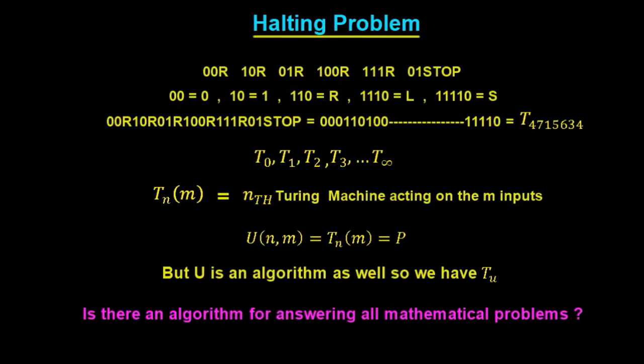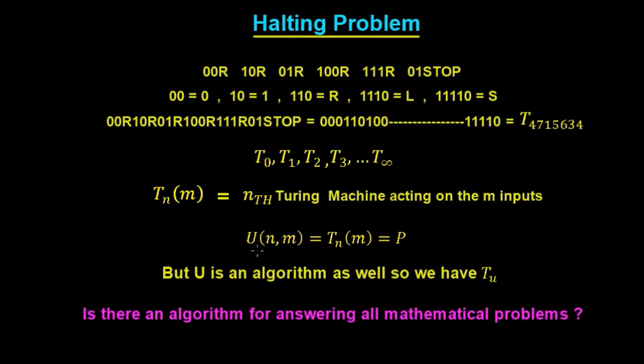But now we're going to introduce something called a universal Turing machine. So you could say this is U n comma m. This Turing machine will in effect be able to mimic every other individual Turing machine. So you can see that this is an instruction set, and this instruction set can be mimicked by a universal machine which can mimic every other Turing machine.